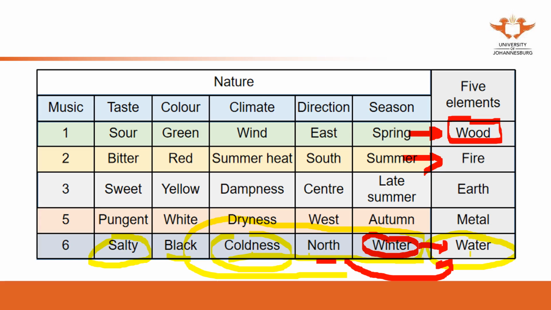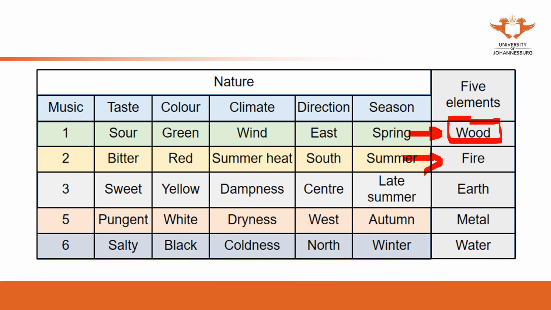For our study, as we emphasized previously, we don't focus on the explanation of where it comes from, but on how to use it, how to apply the theory in our practice. So all you need to do is remember this table.